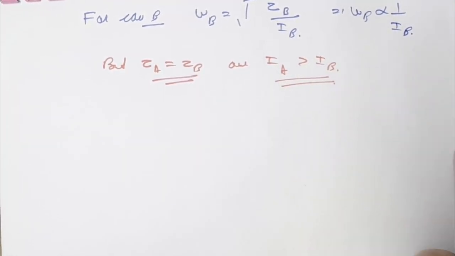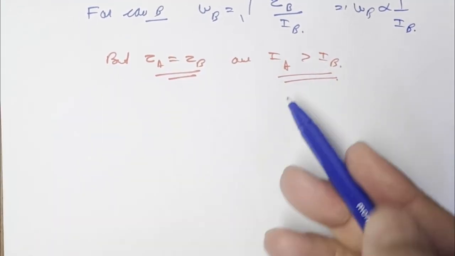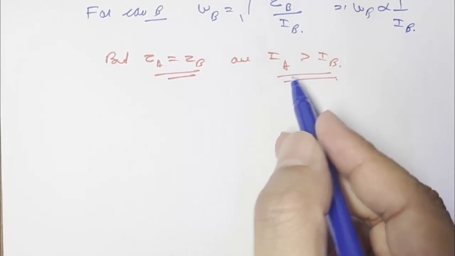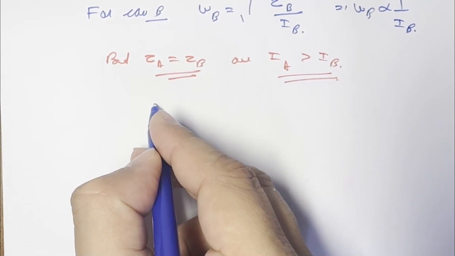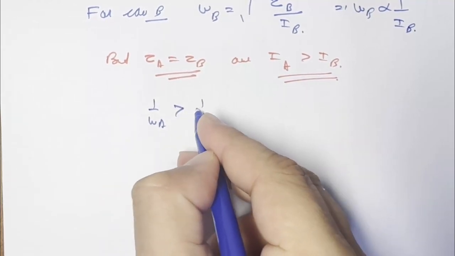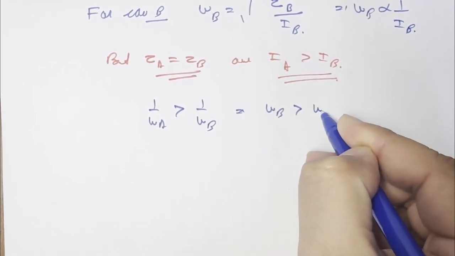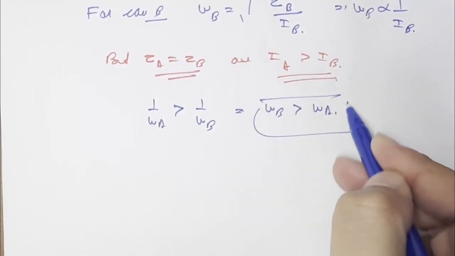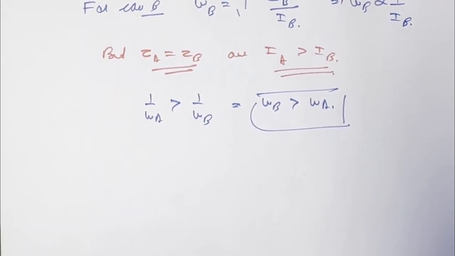So we substitute the values for the sake of calculation. 1 upon omega A is greater than 1 upon omega B, and this tells us omega B is greater than omega A. It means angular frequency of B is greater than angular frequency of A.